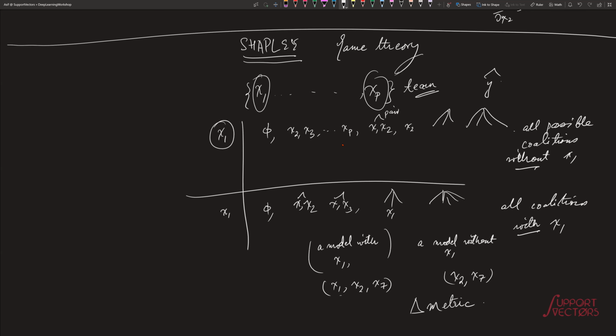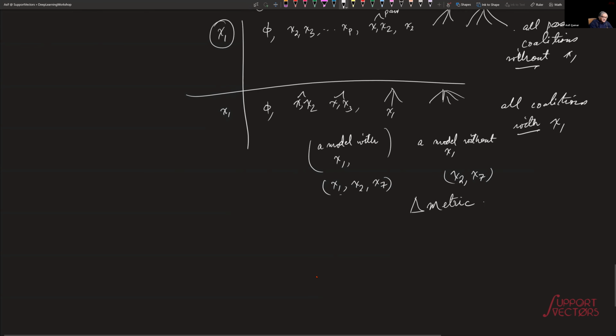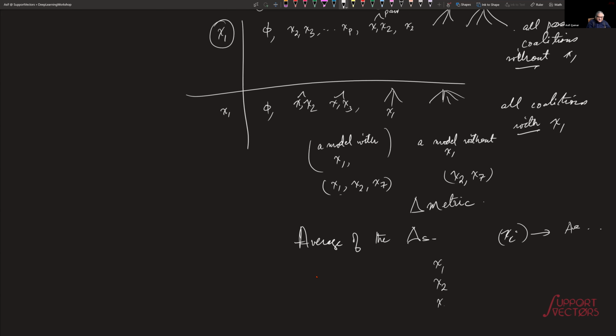And then all you do is you take the average of the deltas. For each feature Xi, you find the average. So now you will end up with the average contribution each of the factors is making, all the way to XP. And that will give you the feature importance.